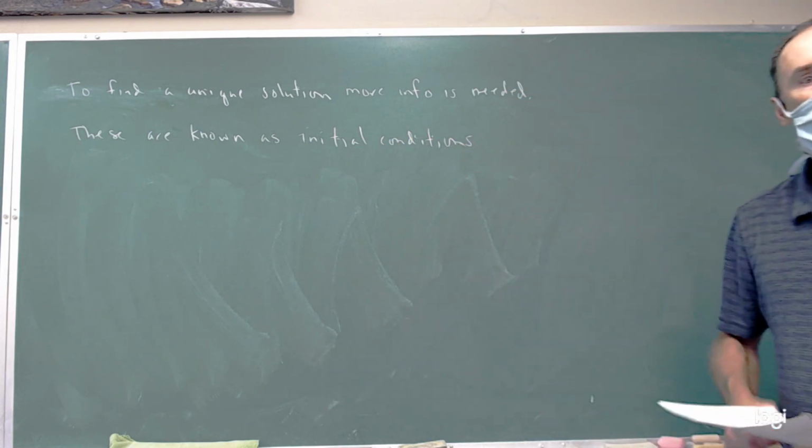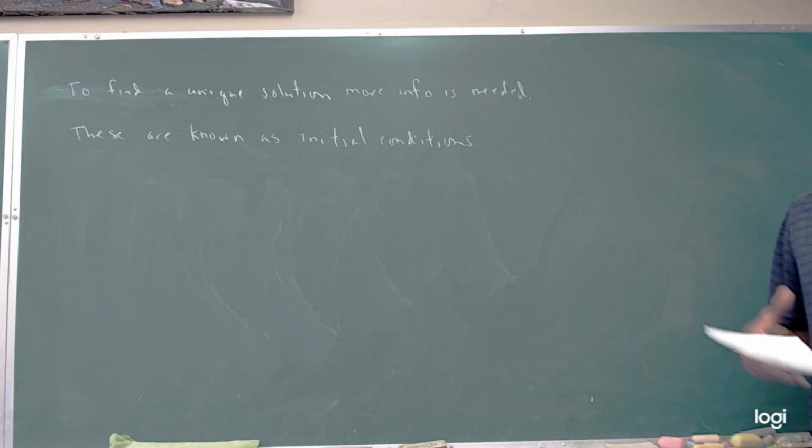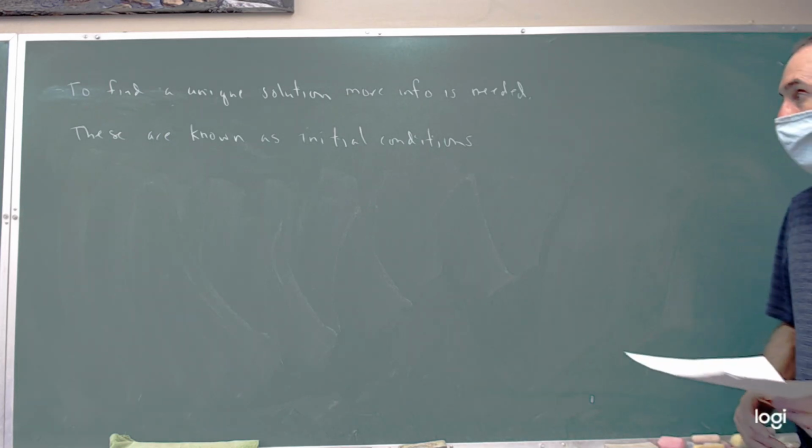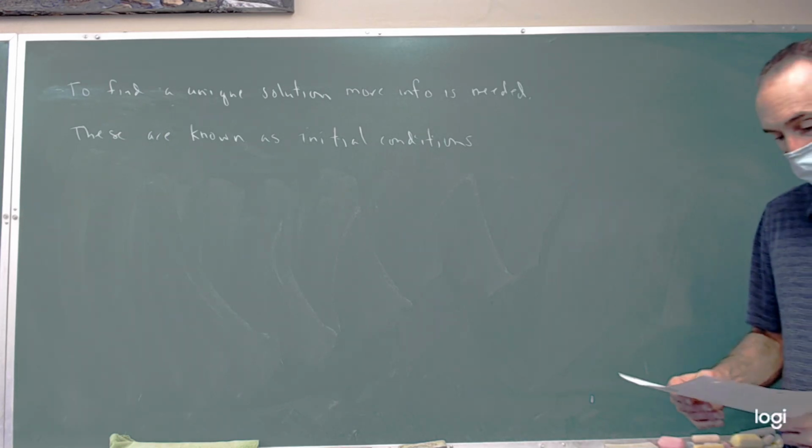Sometimes you might know the value of the function itself. Sometimes you might know the value of the function and the value of the derivative somewhere, or sometimes even more information than that.